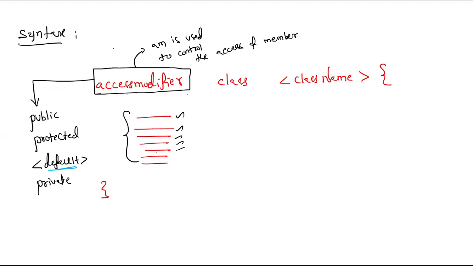Then the second part, class. Class is a predefined keyword. Like int is a predefined keyword, we have to use it as it is. Similarly, class is also a predefined keyword, so we have to use it as it is.